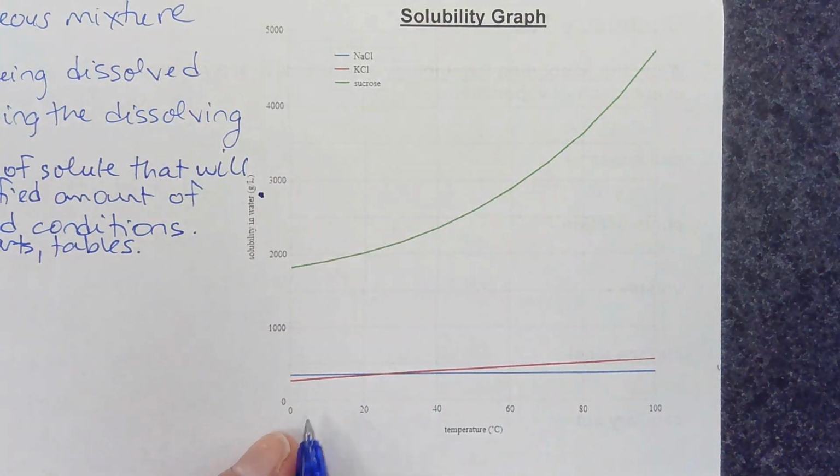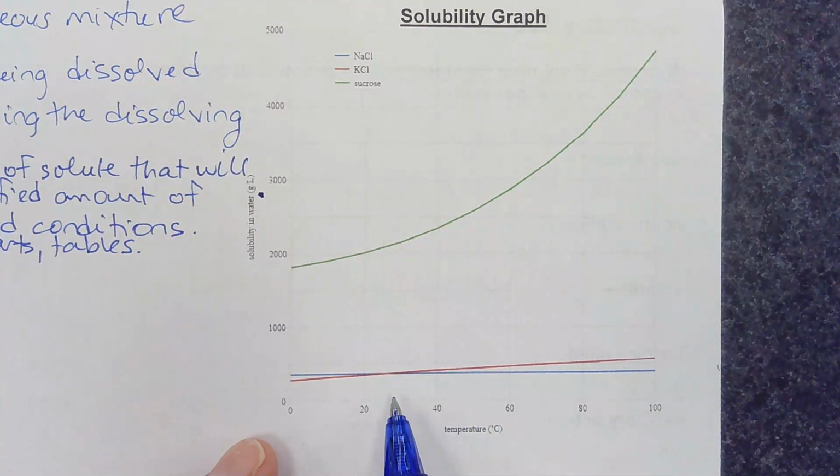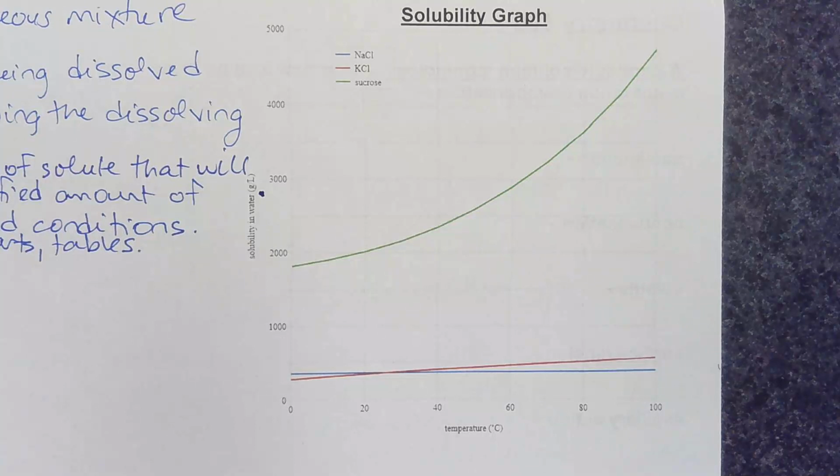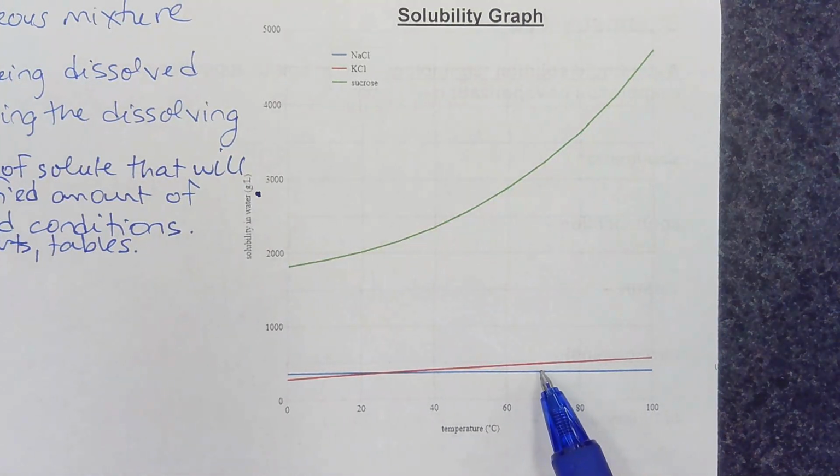And then what we find out is that potassium chloride, which is the red line, tell me about what you see about potassium chloride. What would you say the solubility of potassium chloride is at 70 degrees Celsius? It's this line, it's the top line down at the bottom. Is it right at 500 grams?